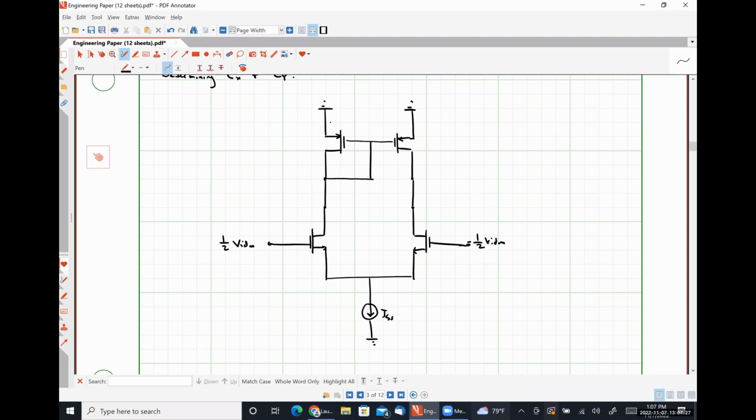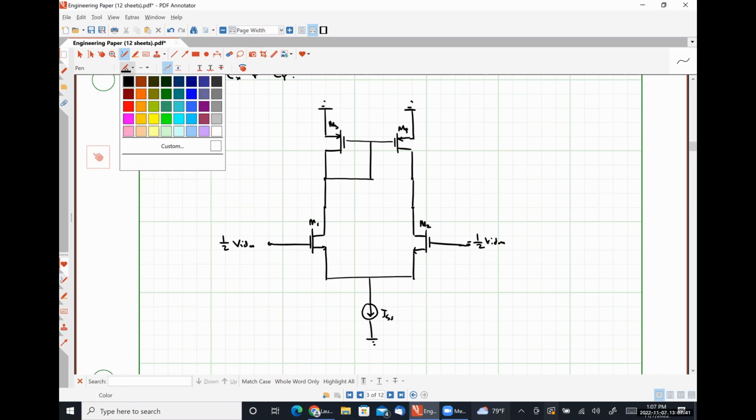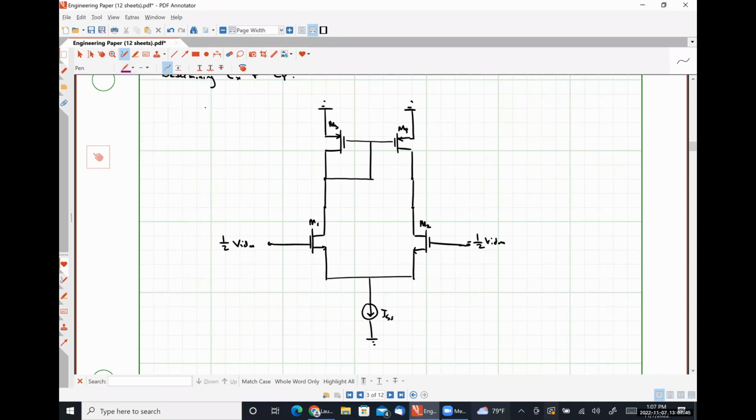All right, so this is M3, M4, M1, and M2. And now we're going to be identifying and putting in our high frequency capacitances, which I'm going to do in this purple color.